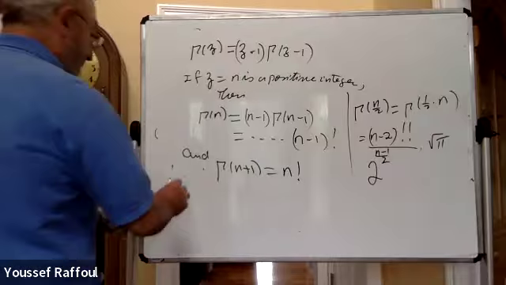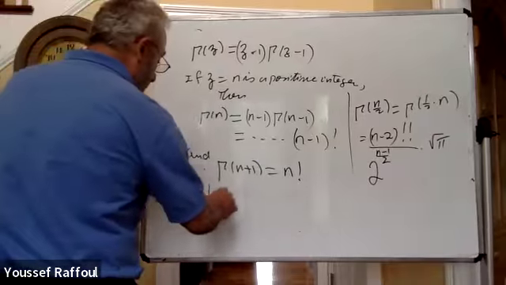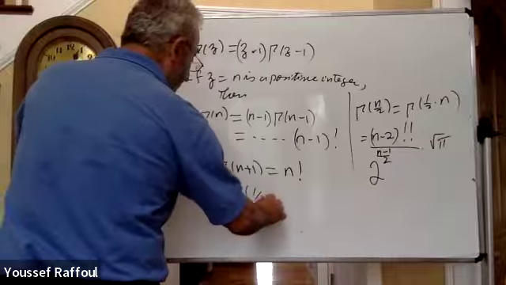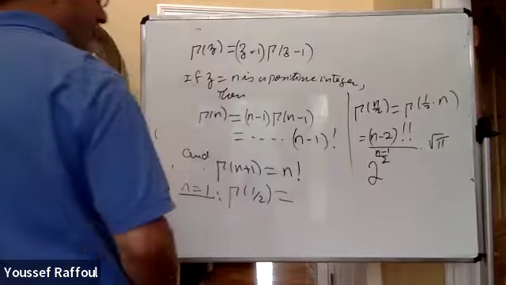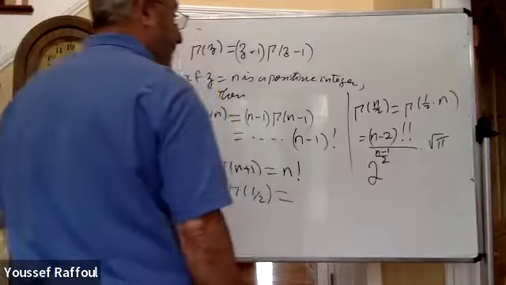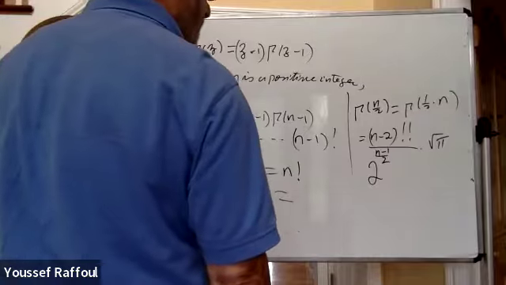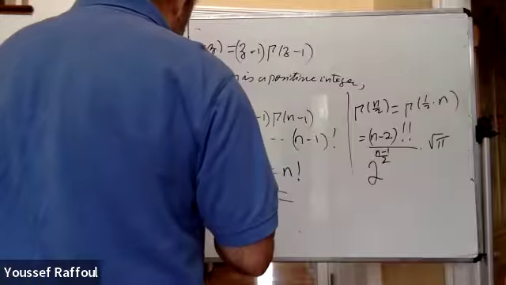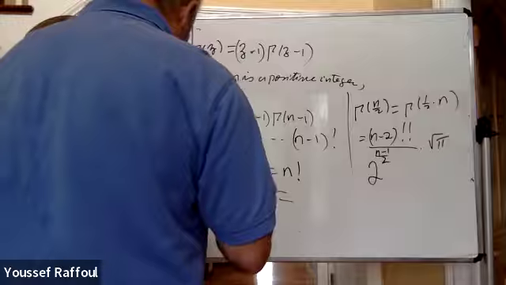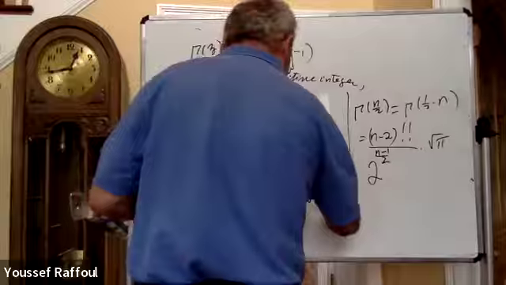And so if n equals 1, then gamma of 1/2 is, okay, n minus 2. So gamma of 1/2 equals the square root of pi.